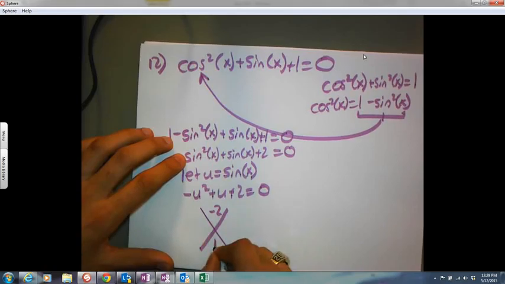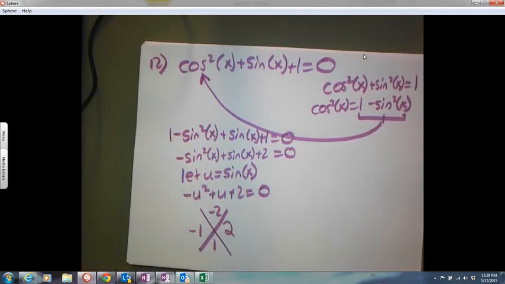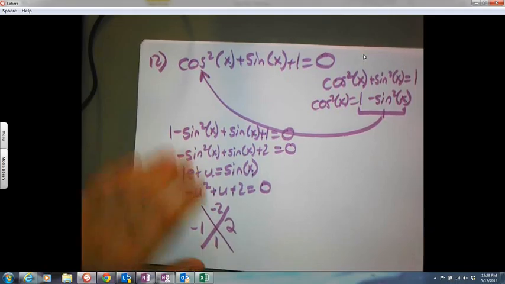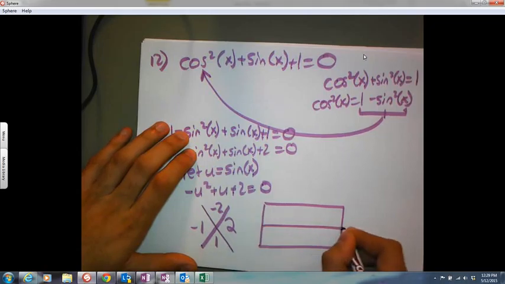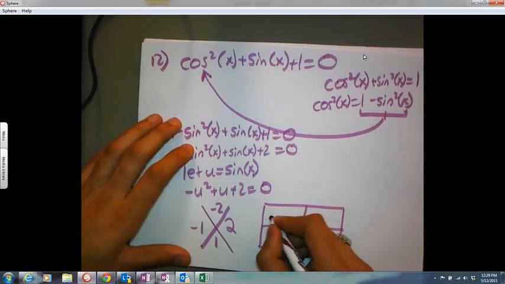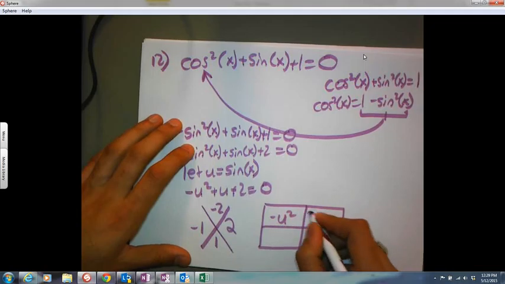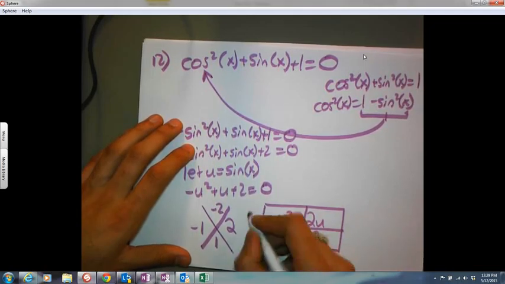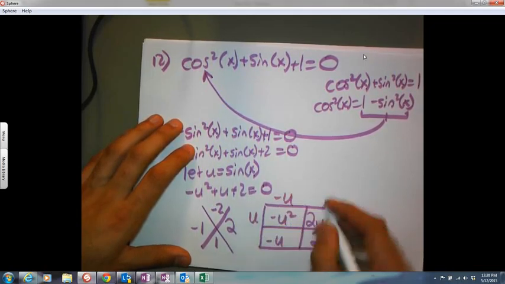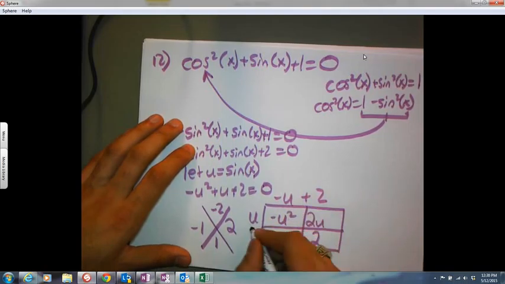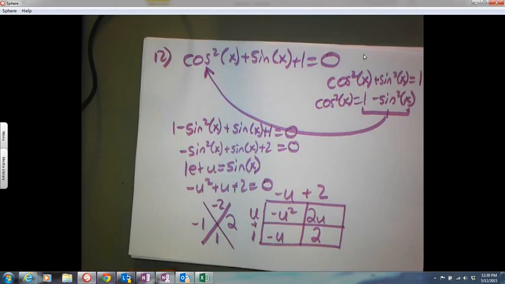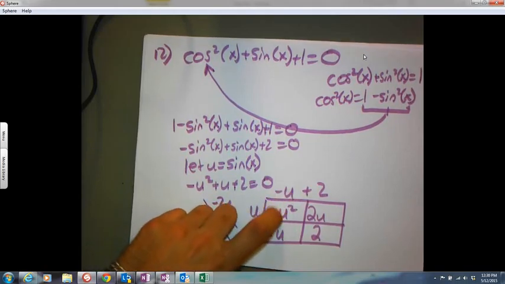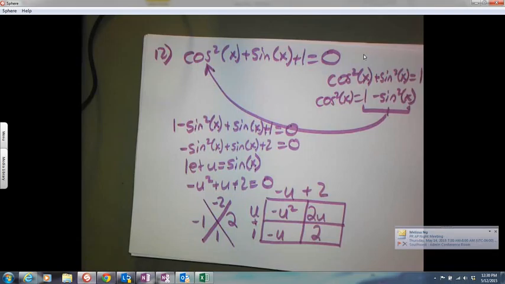Fill in the X box, then we draw the big box. So u times negative u is negative u squared, u times 2 is 2u. 1 times negative u is negative u, and 1 times 2 is 2.